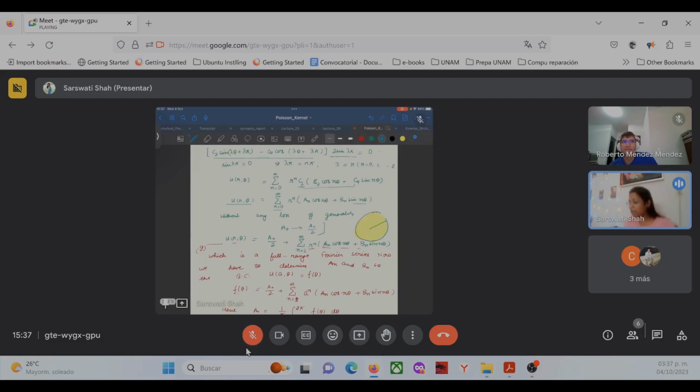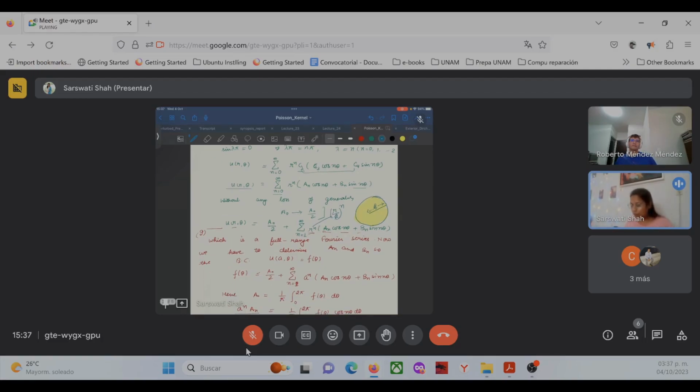In the book you might have gotten it as r over a to the power n, and if I take l as the radius of the circle, it might be because when we take the boundary condition u of a comma theta equals f theta, we get a to the power n here, is it not?